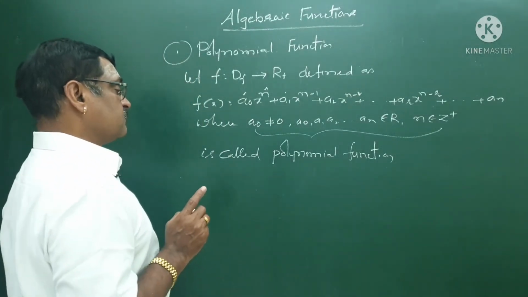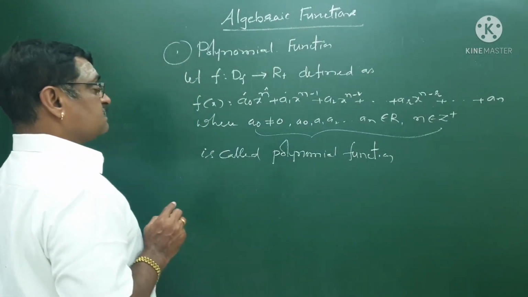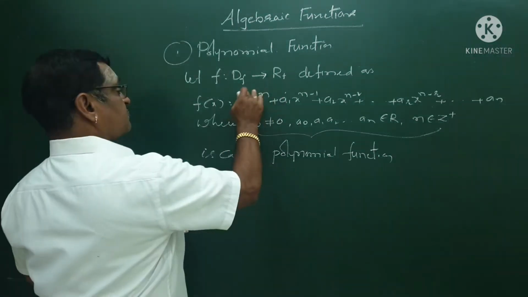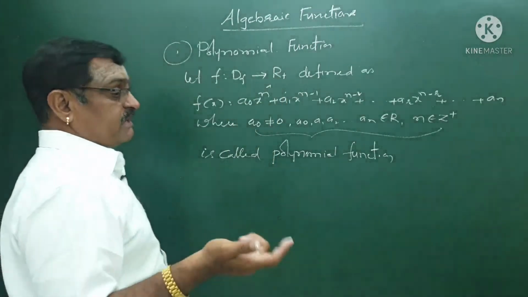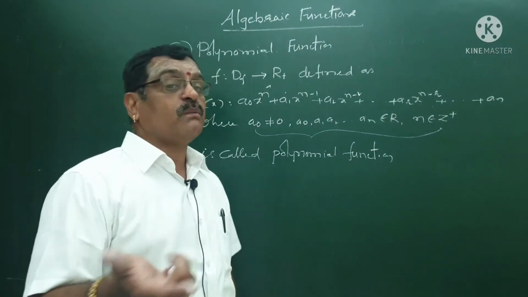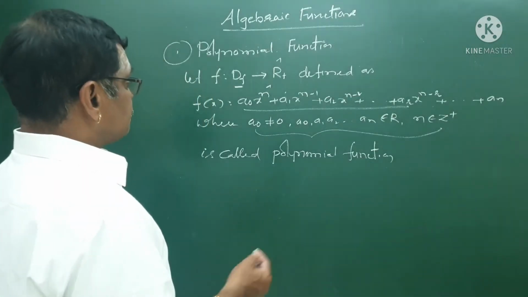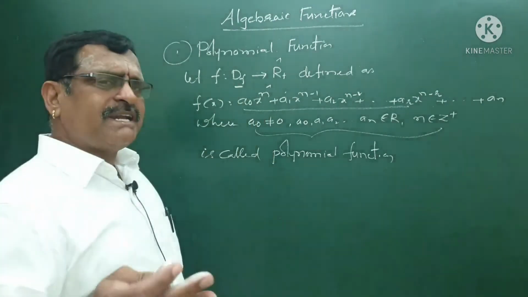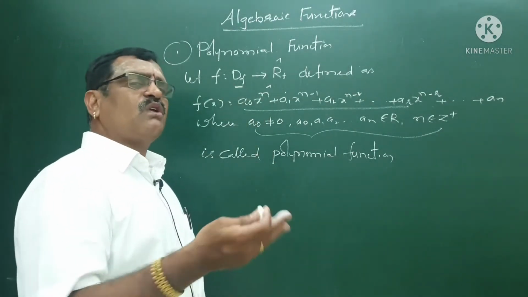Now, based on the size of n, we can give names to these polynomial functions. What are the different names given to this polynomial function?